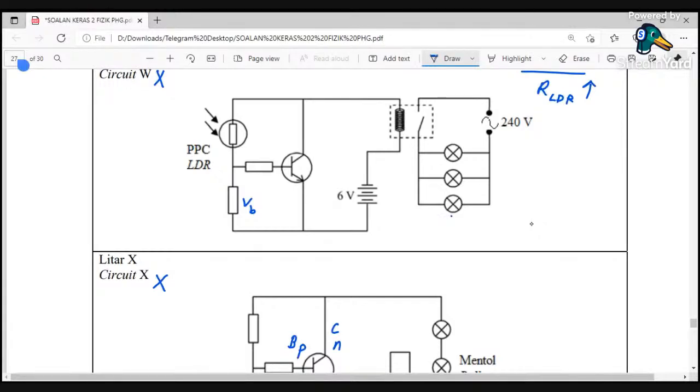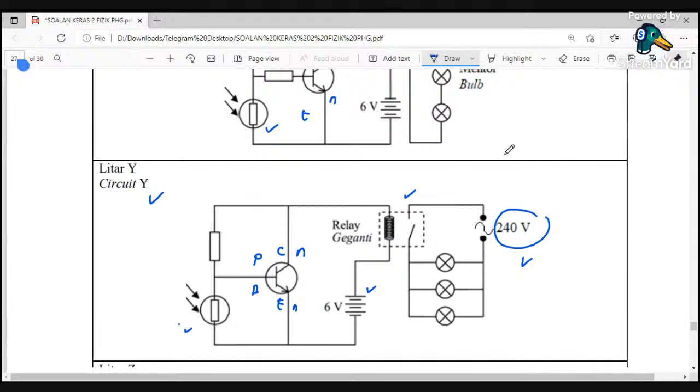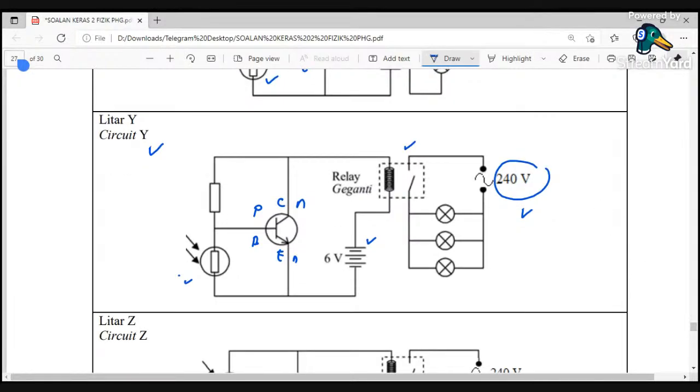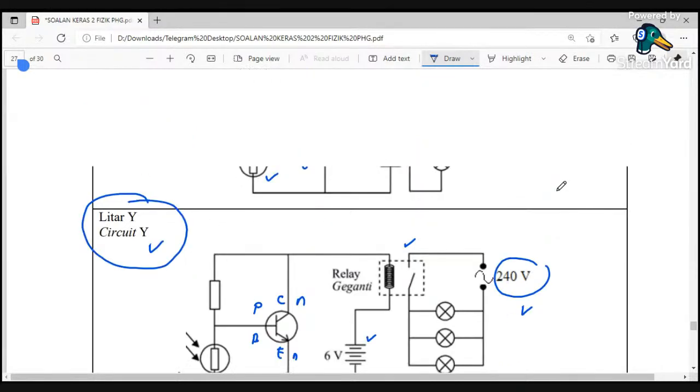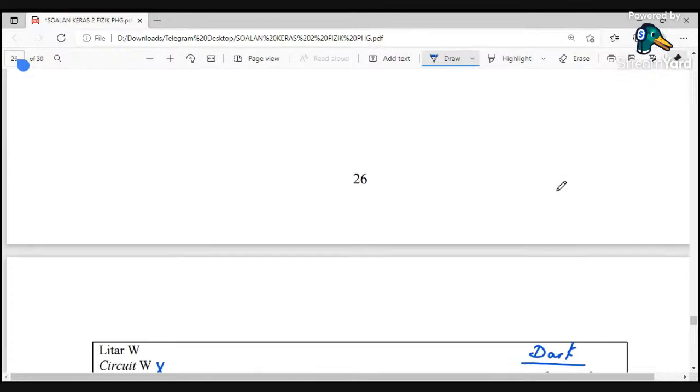Okay, and higher current at the same time. So dia akan lebih brighter compared to the one which is series connection. So daripada sini, I can see Y is the most suitable. Saya akan pilih Y.